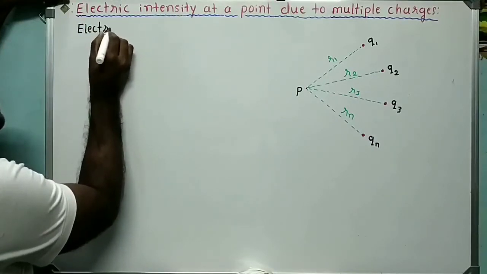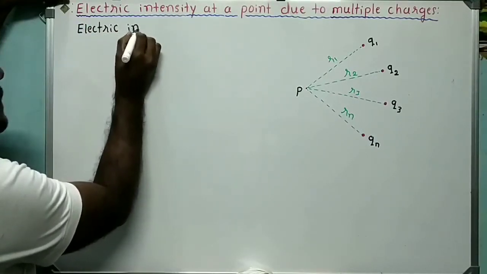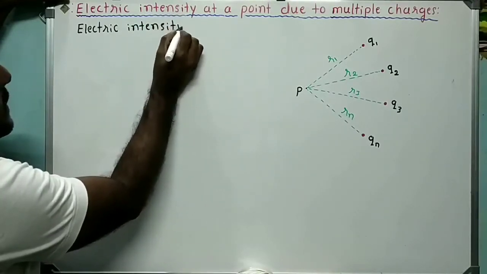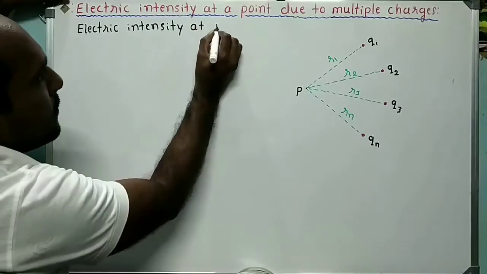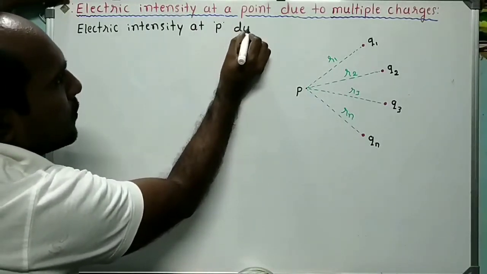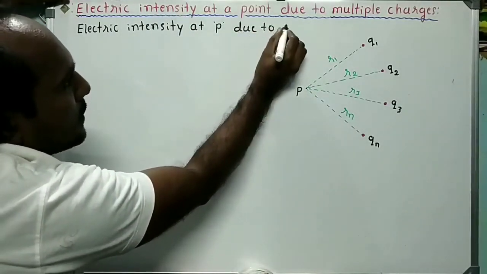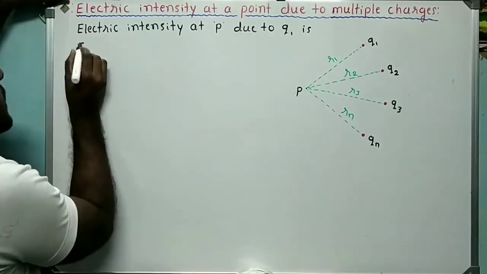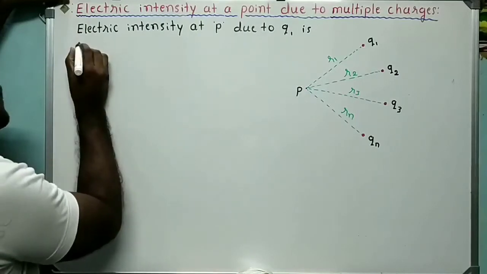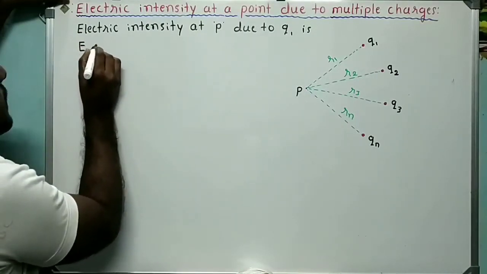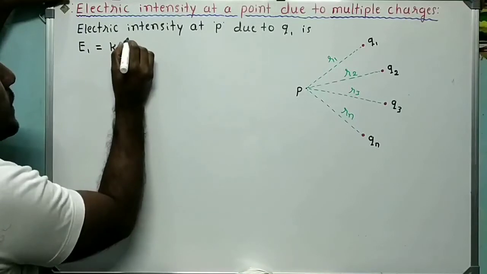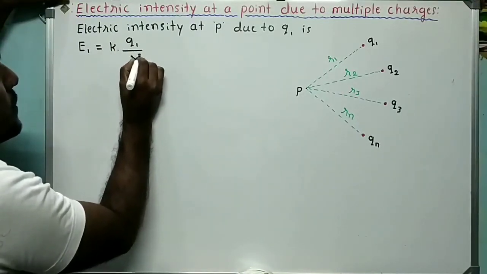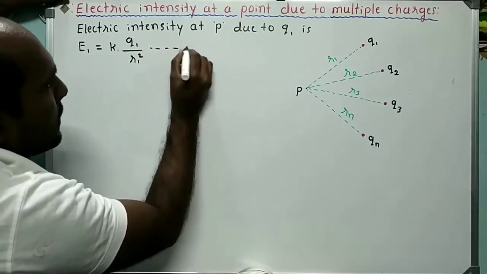Electric intensity at P due to Q1 is E1 is equal to K into Q1 divided by R1 square, called equation 1.